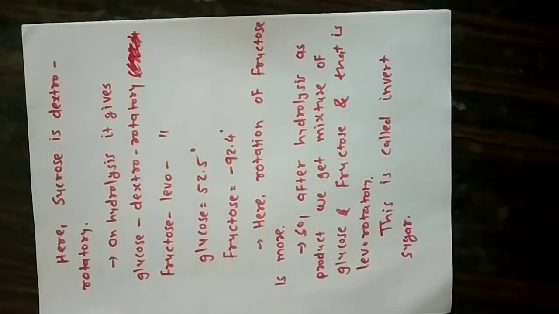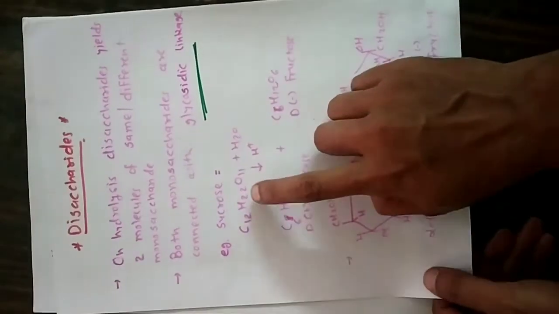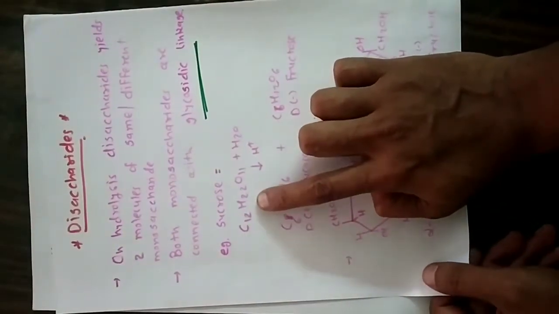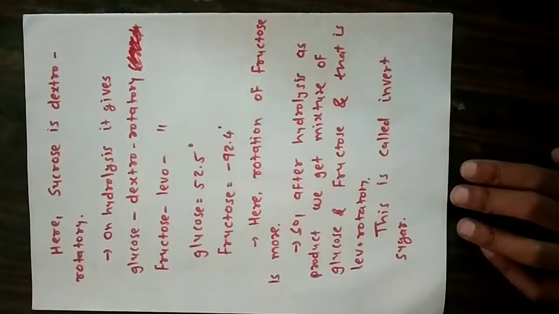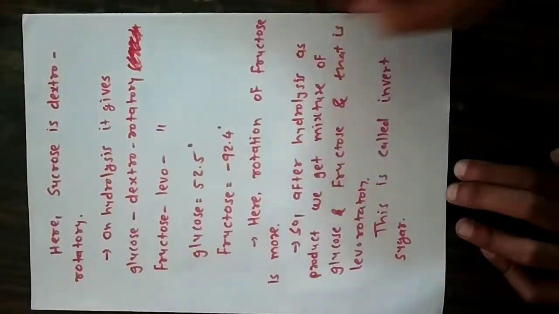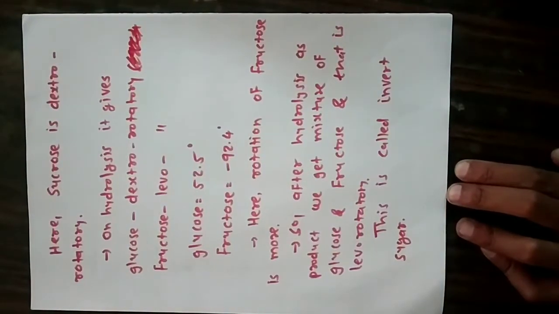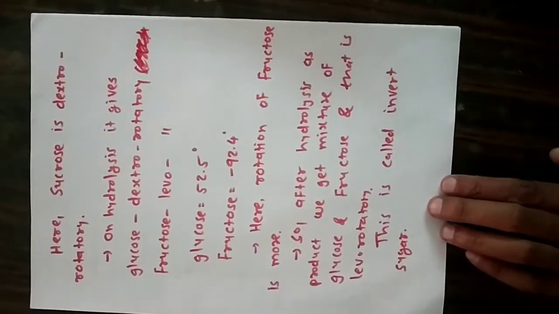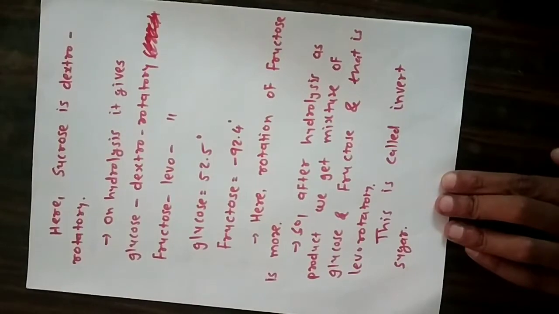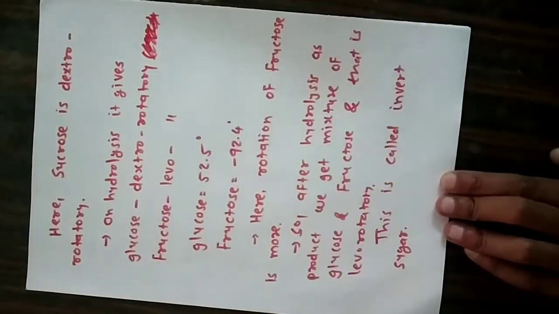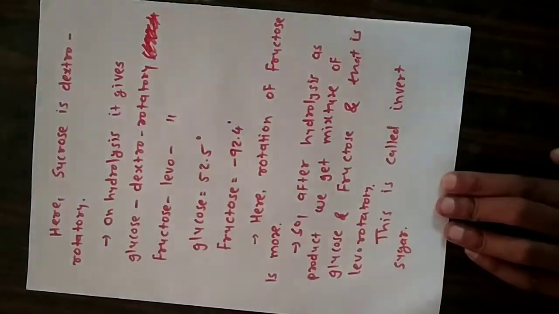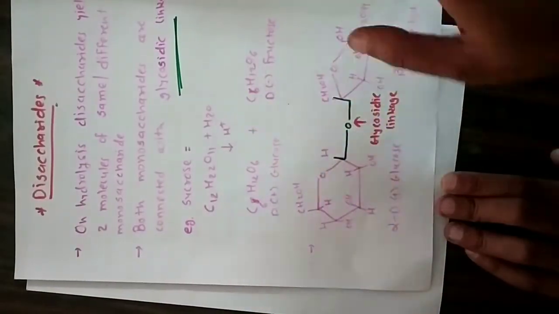Now here the main molecule, sucrose, is our parent molecule. This was our disaccharide. This disaccharide is dextrorotatory, meaning it shifts plane polarized light to the right hand side. When we perform the hydrolysis reaction, as we saw, it gives glucose and fructose.